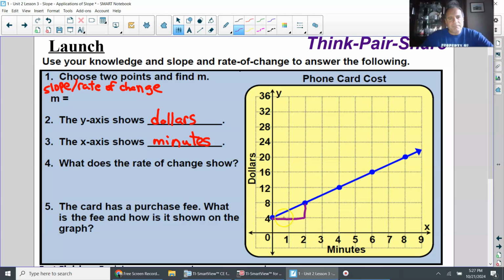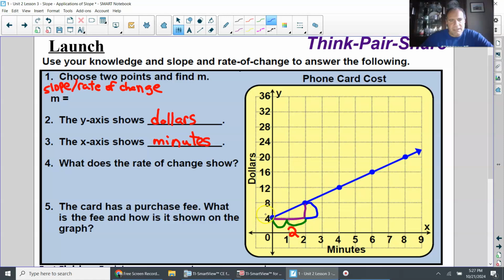So just remember though, the x-axis here is going by ones. So I'm going to count right now by ones. This is 1 and this is 2. So I'm going to put a 2 on the outside. And then my rise, just be careful here, this is the rise.